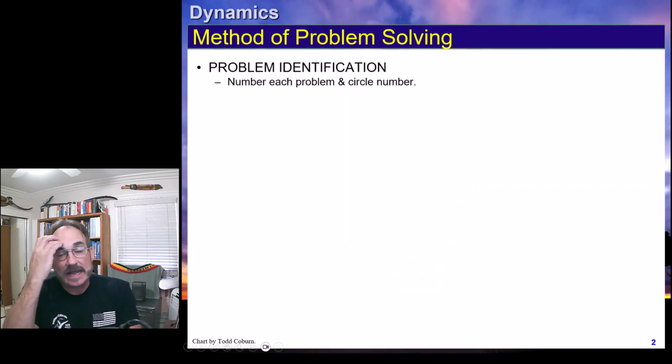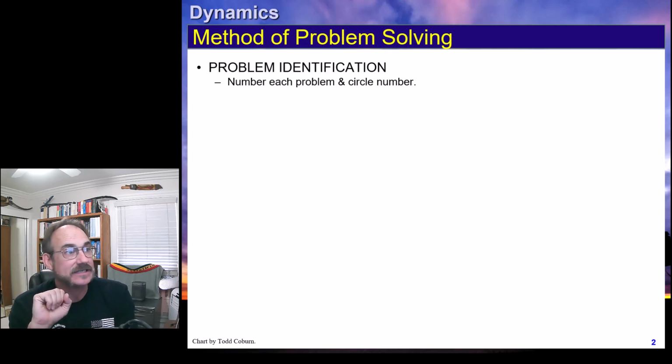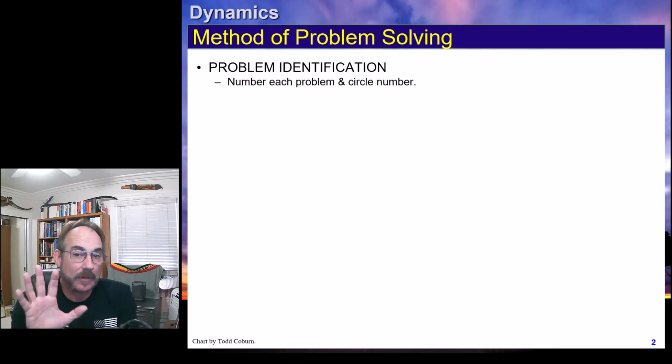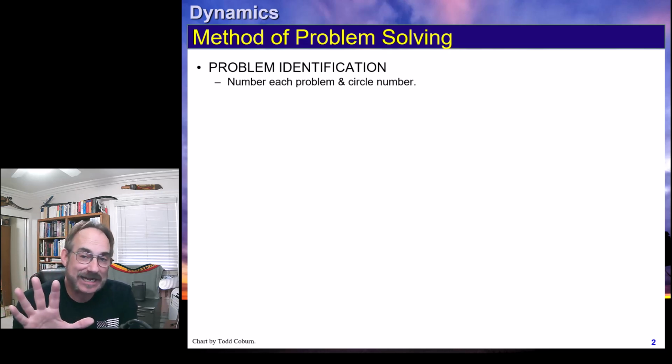If you look at any mainstream statics or dynamics textbook, and also many strength of materials textbooks, they're going to present a solution procedure that is actually a really good practice. You're going to identify each problem with a problem number and circle it. Now, industry is not going to circle it, but you can put titles on.